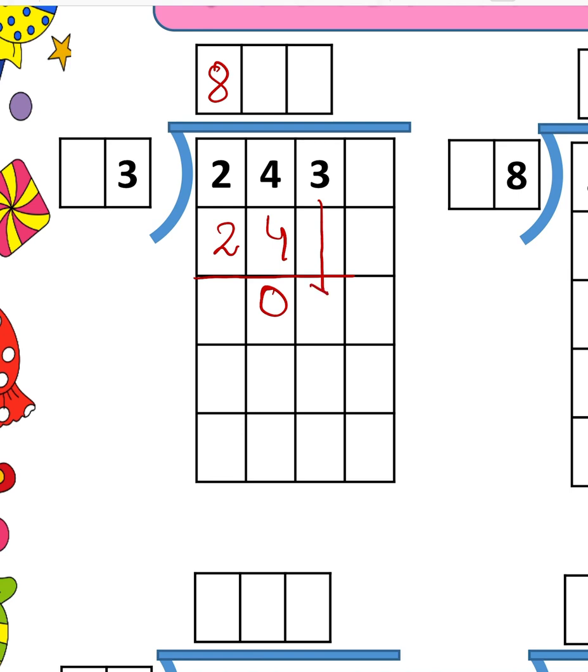Now this 3 comes down. Again the table of 3: 3 ones are 3, so we write 1, and we get a 0. So your quotient part is 81. If we divide 243 by 3, we get 81.